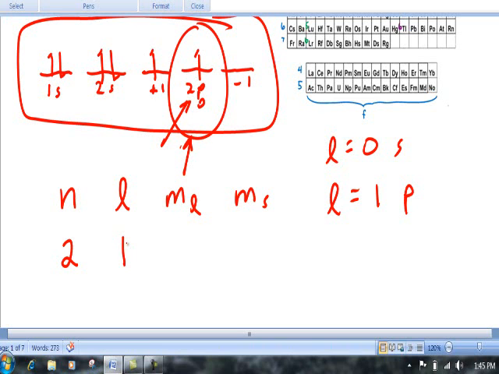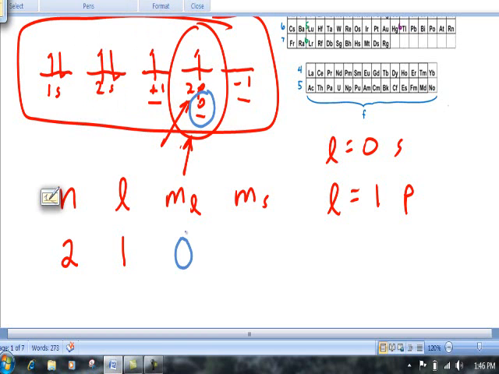The values that we can have range from positive L to negative L, represented by the +1, the 0, and the -1 under each orbital. In this case, the last electron got placed into the orbital designated as 0, so the m sub L for this particular electron would be 0.